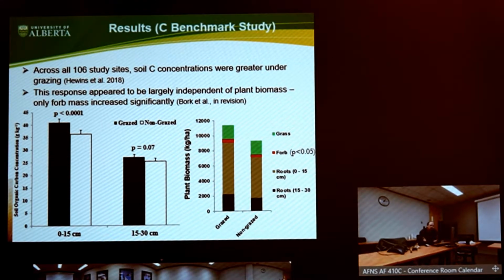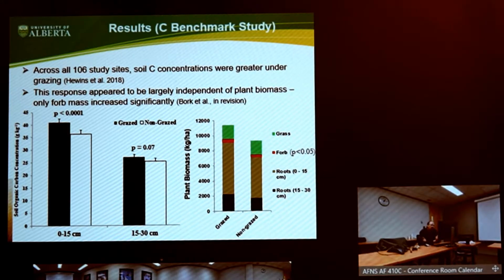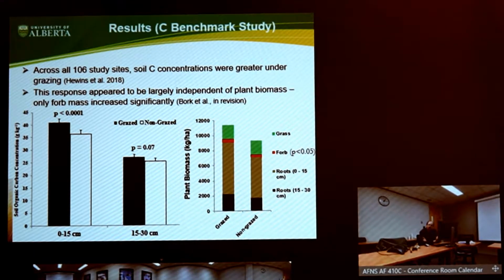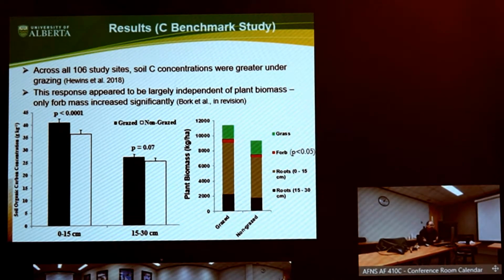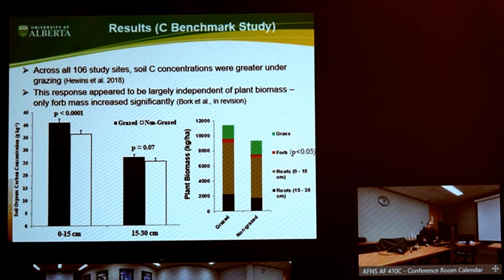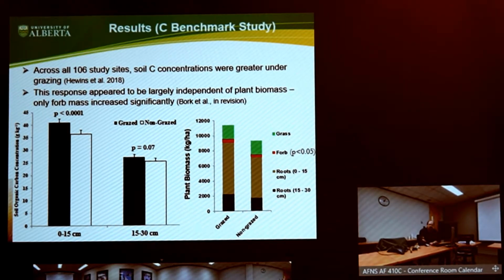We saw a trend towards greater overall plant biomass in the grazed, but that typically wasn't significant. So it suggests that it's perhaps the turnover of nutrients, not the amount of plant input, that may be regulating these differences in carbon.